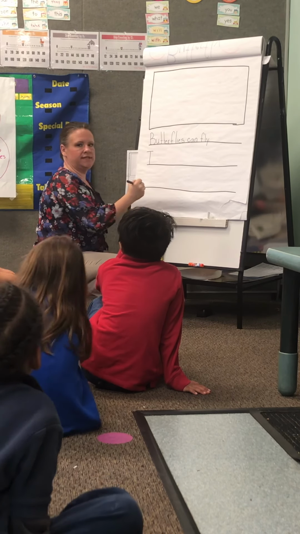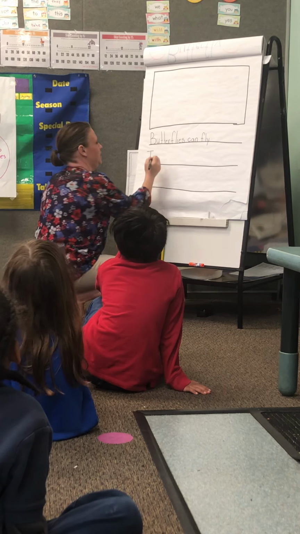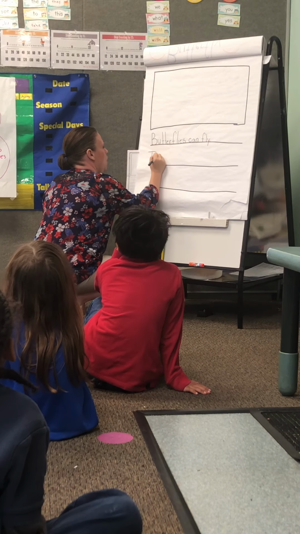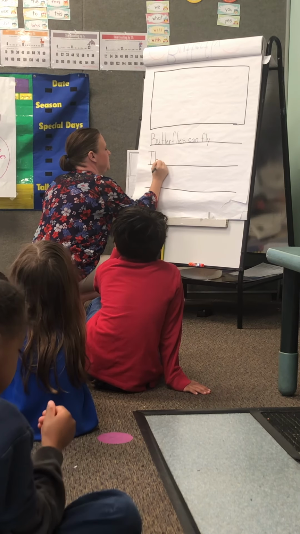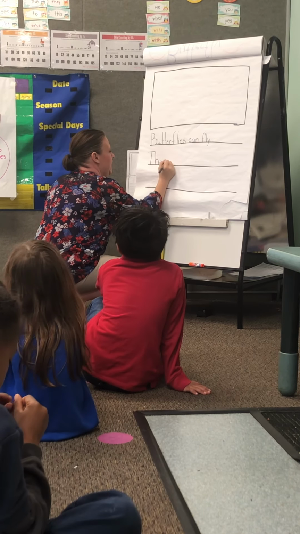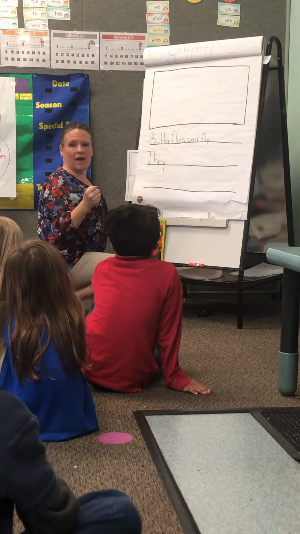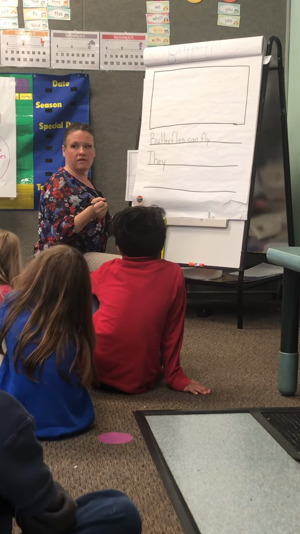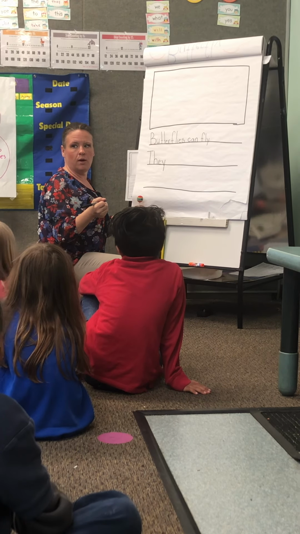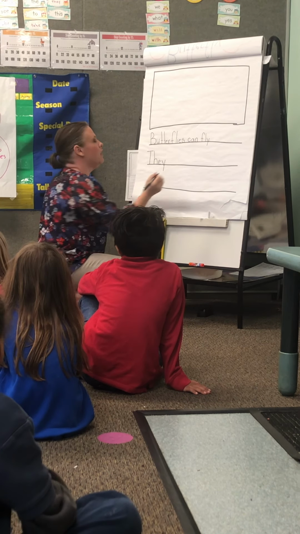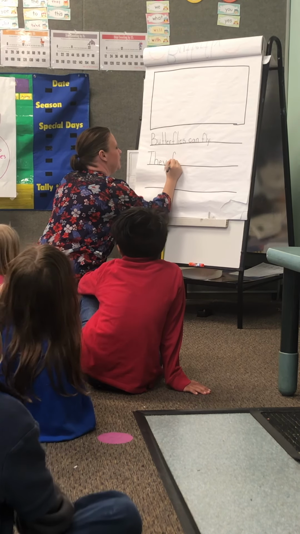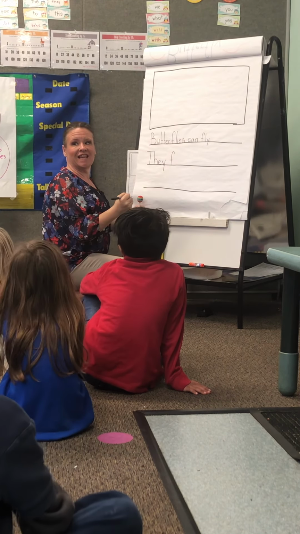Oh, I'm writing a new sentence. So what did I do at the beginning of this word? Oh, I used a capital T. They. And then Austin, I'm going to have you help me write the sounds of the word flap. F. They flap.